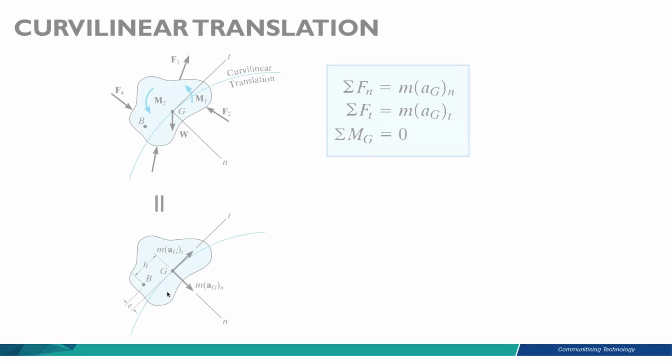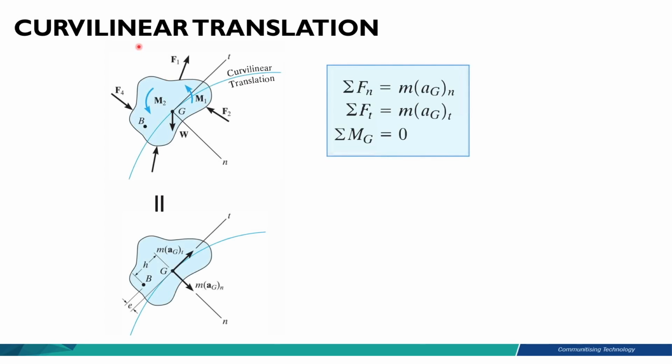And remember that we also have a curvilinear translation. So in the case of curvilinear translation, normally we change the axis. We no longer calculate the sum of force in x-axis, but we now calculate the sum of force in n-axis, the normal axis. The normal axis is always pointing to the center of rotation.